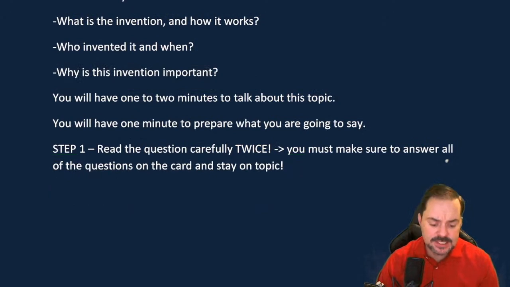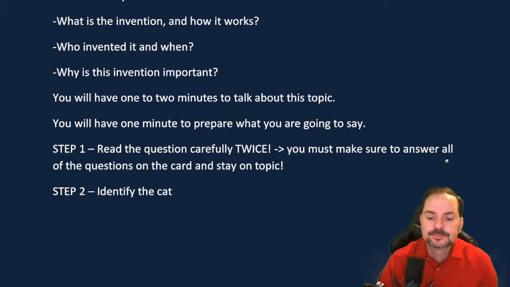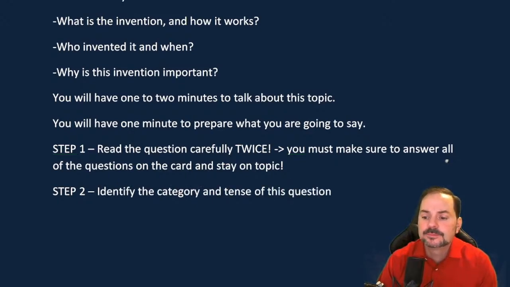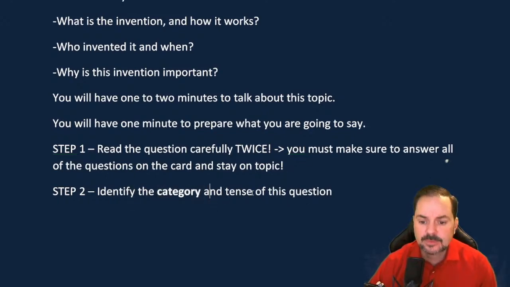Now my second step is to identify the category of this question. Identify the category and the tense.